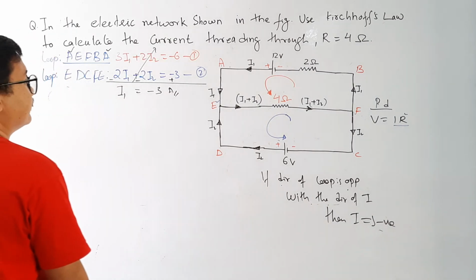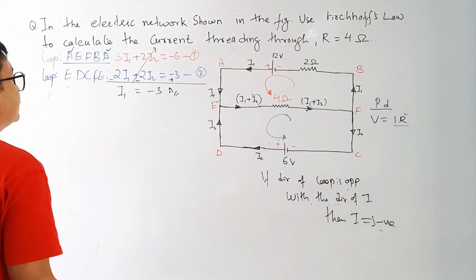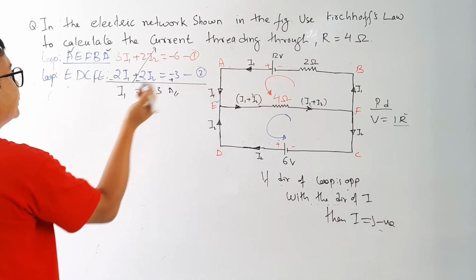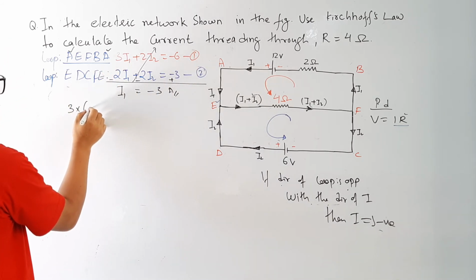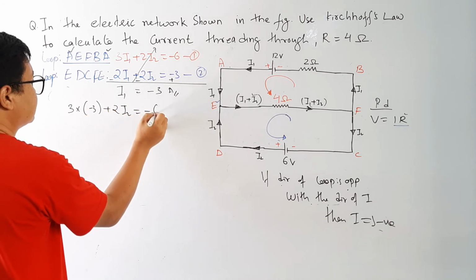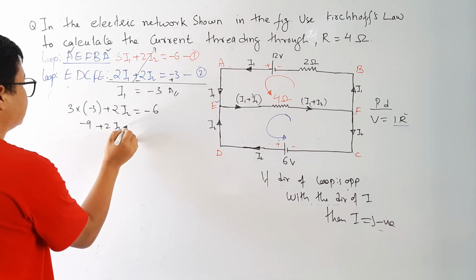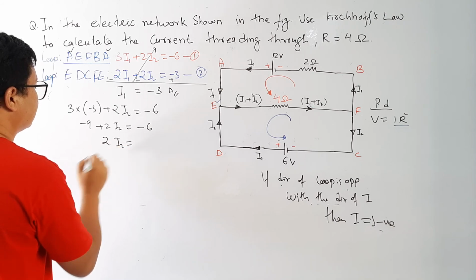And I have to find the value of I2 also. Substitute the value of I1 in equation 1. What do I get? I will get 3 into, what is the value of I1? It is minus 3, plus 2I2 equal to minus 6. This will become minus 9 plus 2I2 is equal to minus 6. So 2I2 is equal to how much?